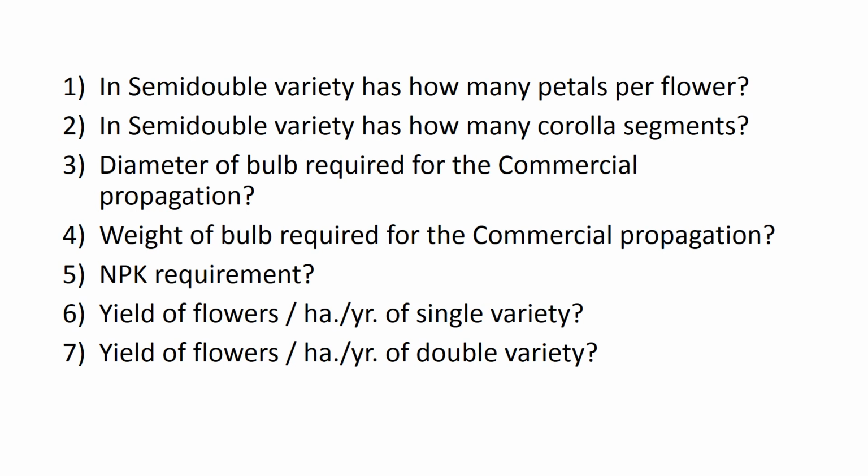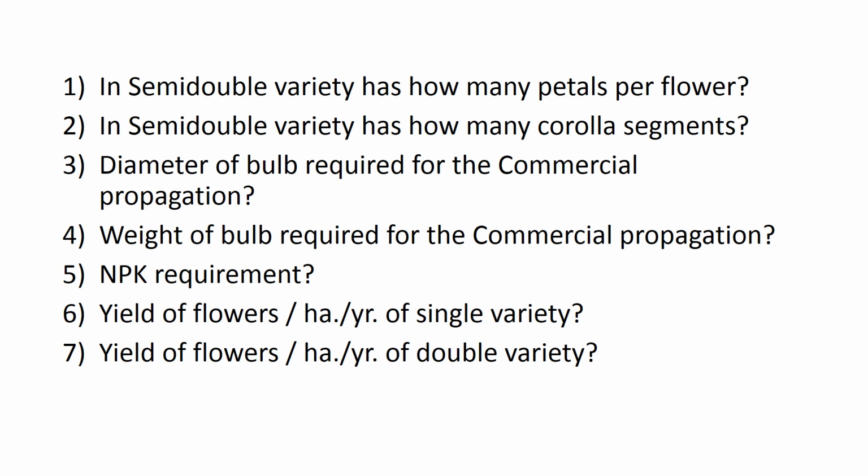In semi-double variety, how many petals per flower? Also, how many corolla segments are there? I already told you the difference between petal, sepal, calyx, corolla. You can remember, na? Corolla is the colored part of the flower. Unit is petal.